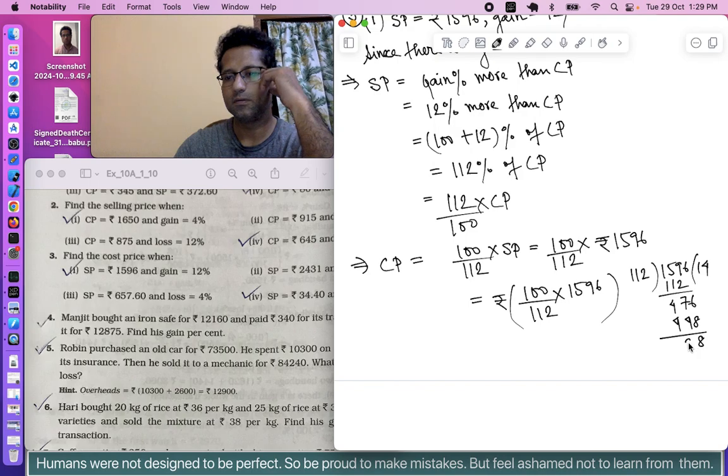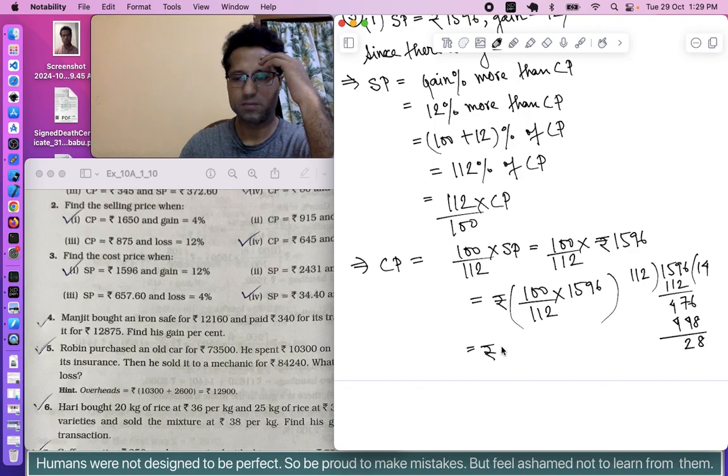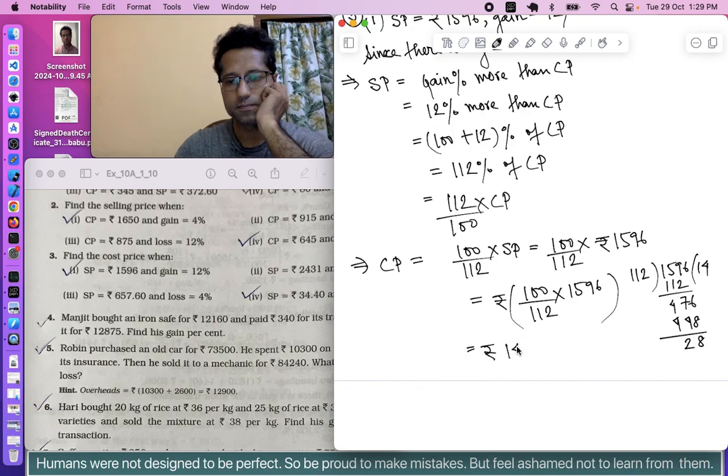So this is equal to rupees 14 and 28 by 112.